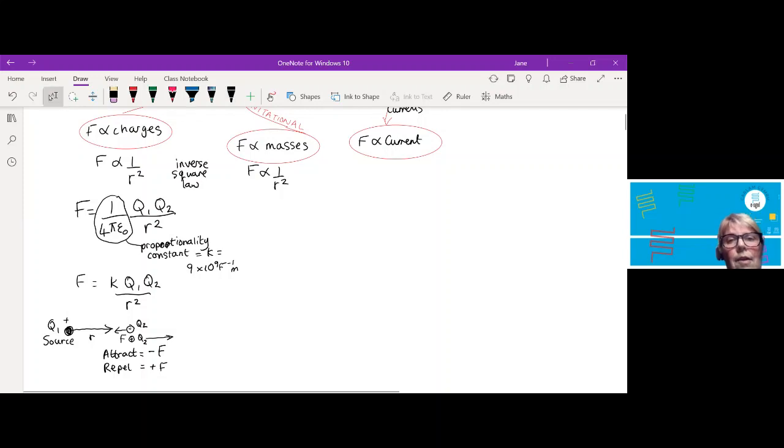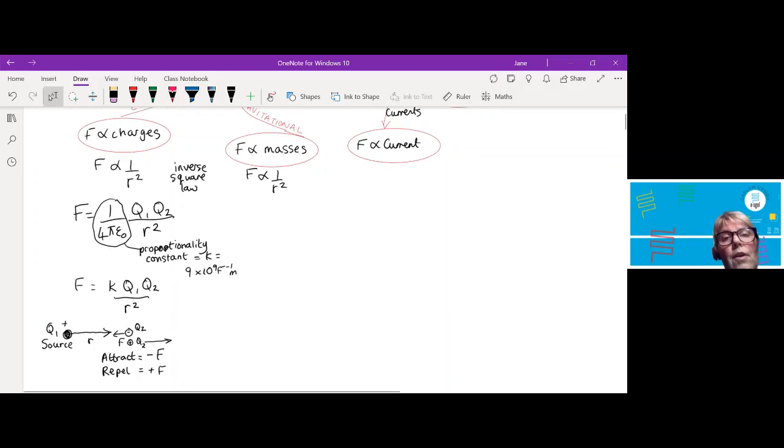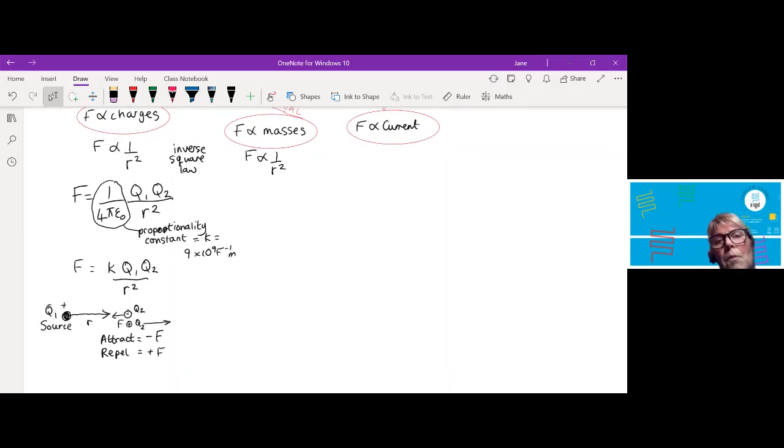Let's do exactly the same thing for the masses. For the gravitational force, the force is dependent on the value of the masses. So the force can be written as G, m1, that's our source mass, m2, divided by r squared, where G here is our proportionality constant.